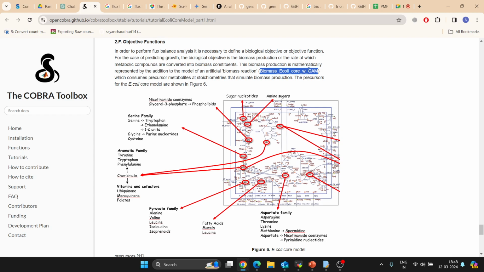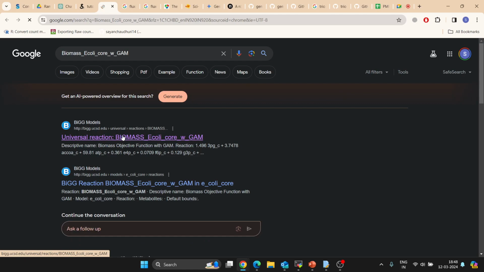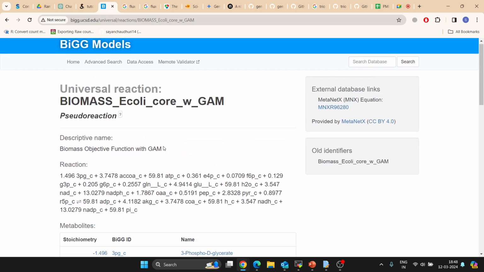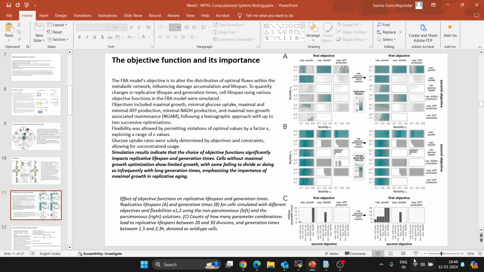If you search for this, you'll see the function here. This is a predefined biomass objective function. So there are predefined functions inside certain software, certain toolboxes, that you can use for these kinds of known models. I just wanted to show you some examples here.